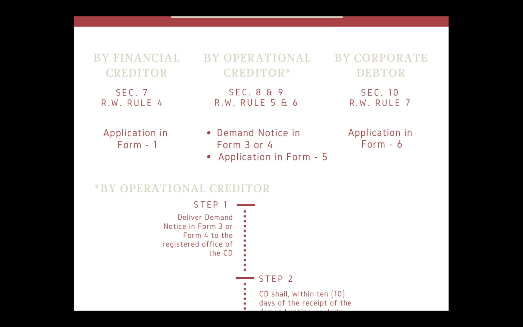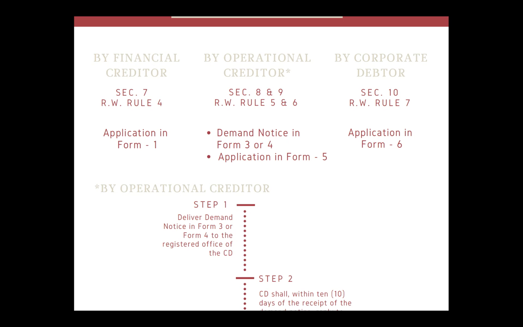ICICI Bank shall pay an amount of rupees 25,000 along with Form 1, and such application shall be made, of course, in Form 1. The Form 1 contains all the basic details, saying that the name of the corporate debtor, address of the corporate debtor, what is the amount of default, and what is the occurrence of default, along with adequate documents which can substantiate your claim. So application in Form 1 shall be made by the financial creditor directly with the adjudicating authority.